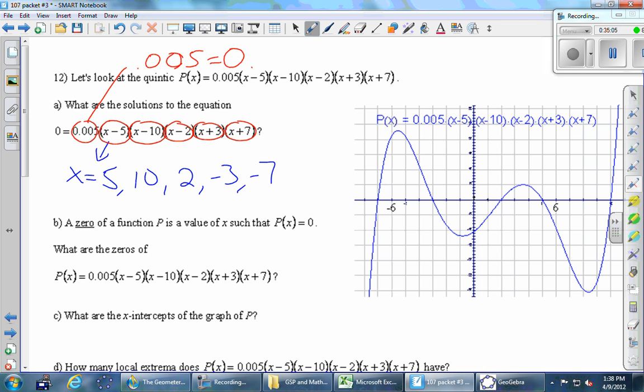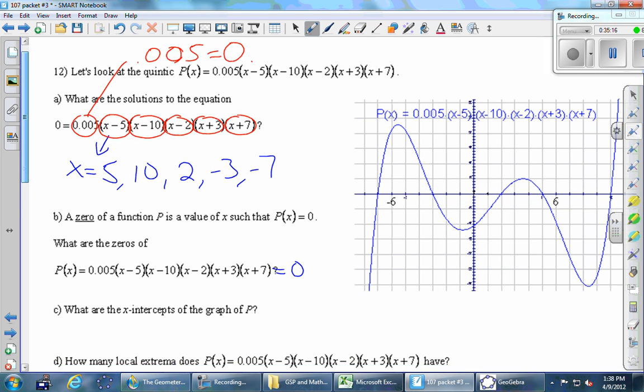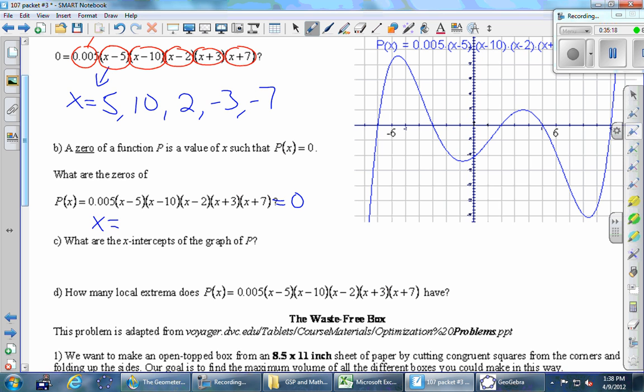A zero is a value of x that makes the function equal to 0. So for example, what you're trying to do is figure out when this is equal to 0. So what are the zeros of this function? 5, 10, 2, -3, -7, right? We haven't done anything, but I just want to highlight that word zero. It means you take your function and you make it equal 0 and you solve for x.